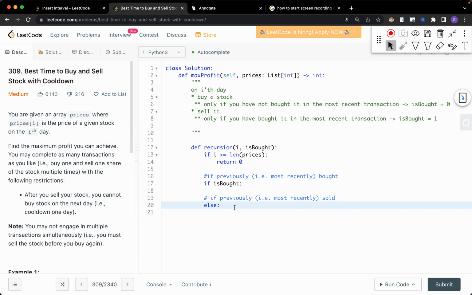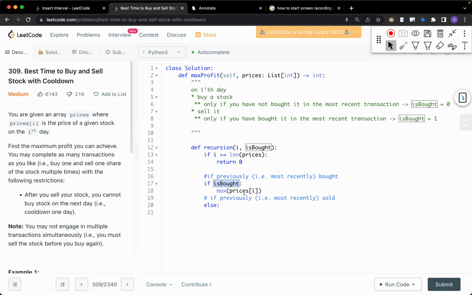So what if we have bought it recently? Then the only option we have is either to sell the stock on the ith day, or else to move forward. We can completely ignore the current step and move forward, right? In which case I would do the maximum of prices of i, because we have to consider this particular day, because we have recently bought it.